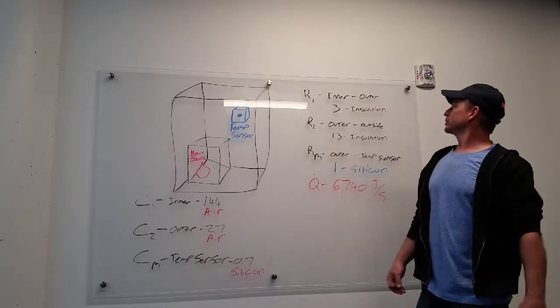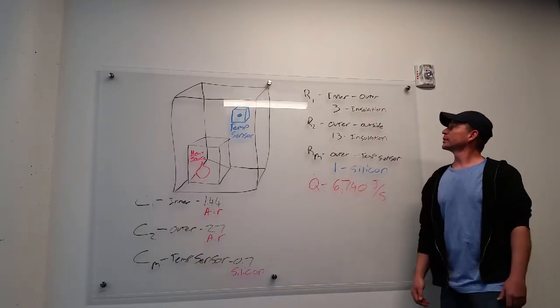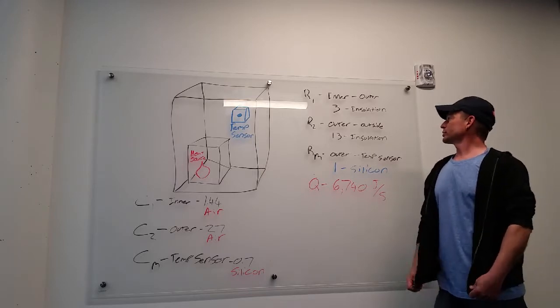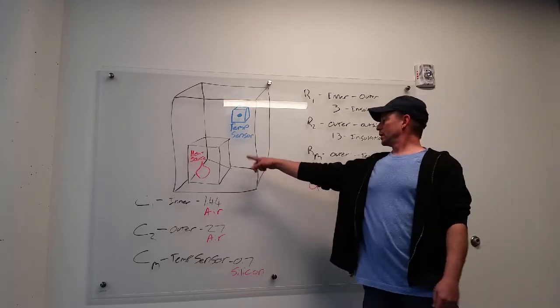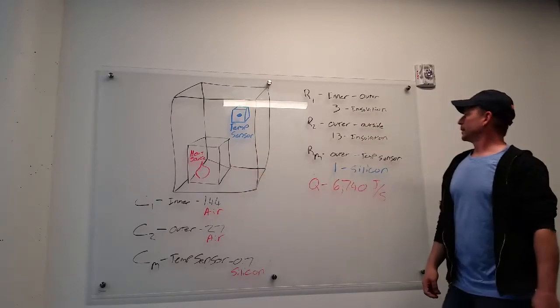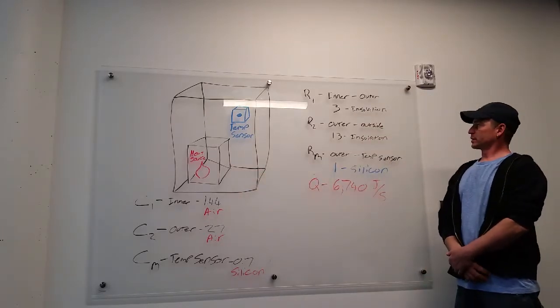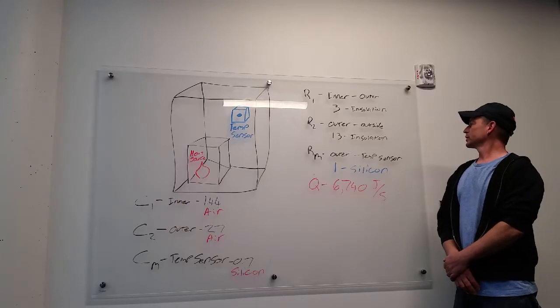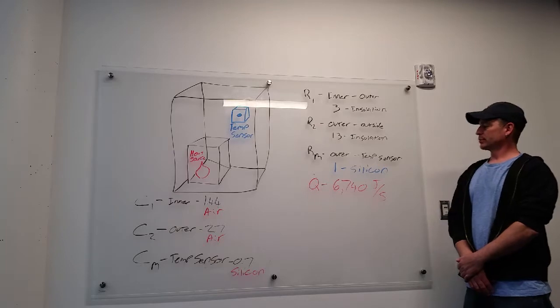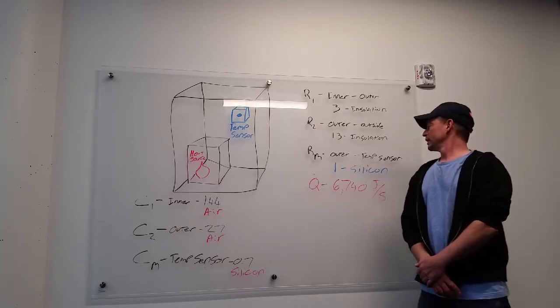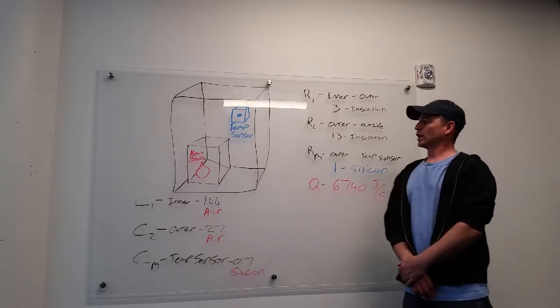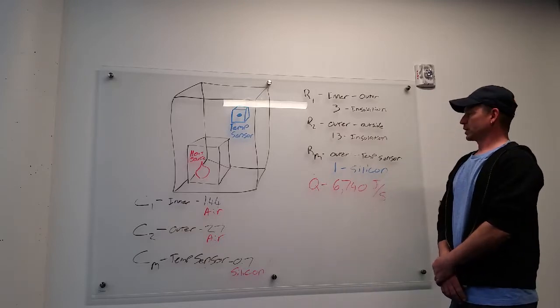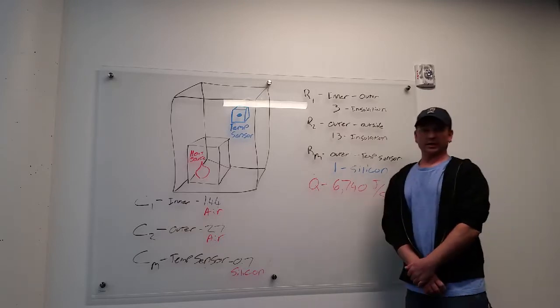So what we figured for the resistance values for the walls was the hot box itself is basically an R3 value. The outer shed between the inside and outside of the walls has a rating of 13, and the temperature sensor itself has a rating of 1, which we got from basically just silicone.